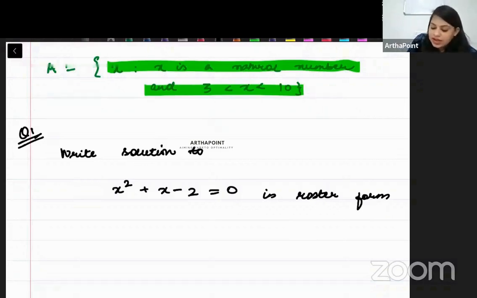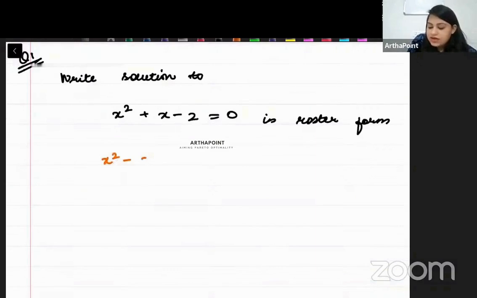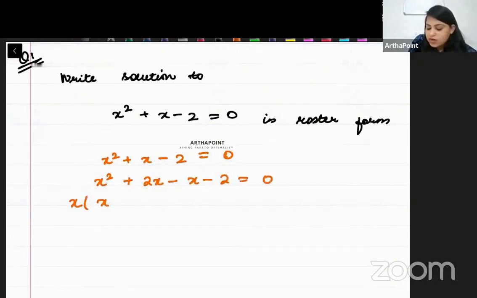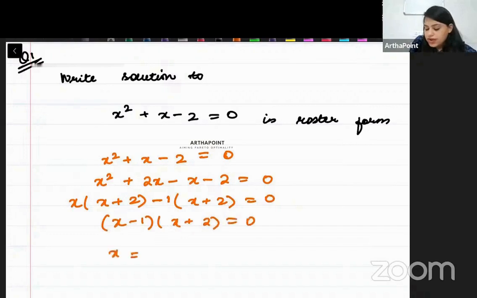So beta, x square plus x minus 2 equal to 0 can be written as x square plus 2x minus x minus 2 equal to 0. Take x common, x plus 2. Take minus 1 common, x plus 2 equal to 0. x minus 1, x plus 2 equal to 0. So x will be 1 or x will be minus 2.